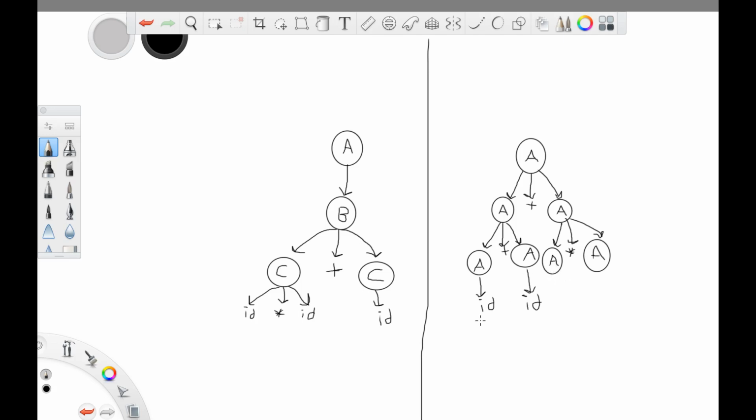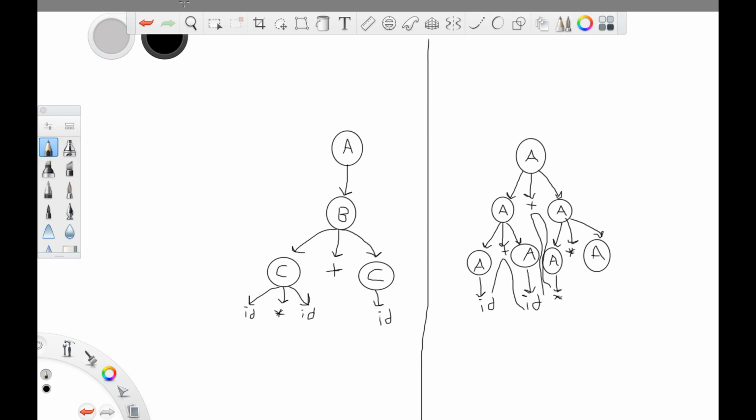Okay, now we have ID plus ID plus, and we're reading this from left to right. So we go through the bottom left node all the way across, going up like that and like that. So ID plus ID plus, well, we've got A for now, but that's going to become an ID, isn't it? Oh, sorry, yeah.